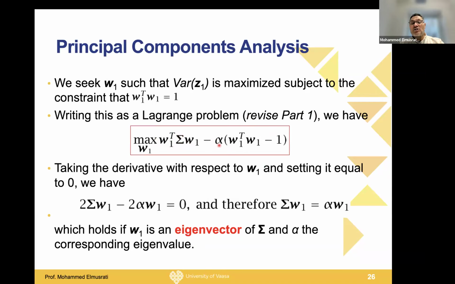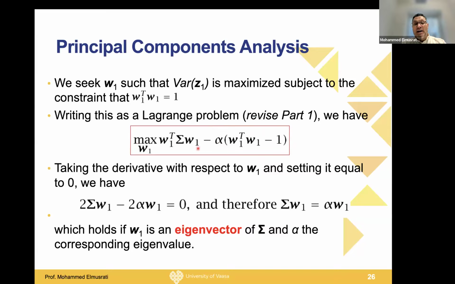Then, using a Lagrange multiplier, please go to part 1 in this course where we explain this, minus alpha or gamma, you can call it whatever you want, times (W1 transpose times W1 minus 1). W1 transpose times W1 is actually the magnitude. The magnitude of any vector: you take the transpose times the vector, and it will be a scalar. So I subtract it from 1 because this is the constraint of this optimization problem.